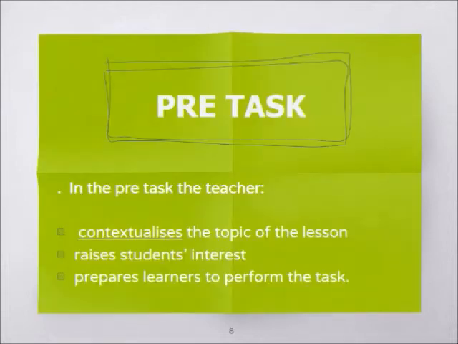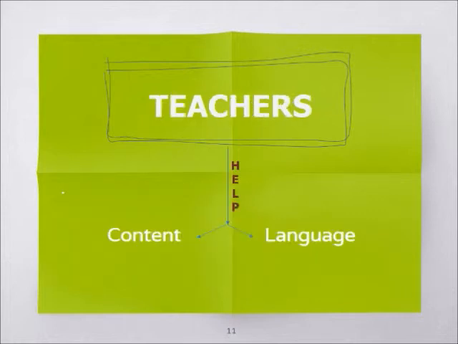The pre-task phase of a TBL lesson is the moment when the teacher sets the task, contextualizes the topic of the lesson, raises students' interest, and prepares learners to perform the task. When preparing students to perform a task, teachers might need to help students with both content and language.